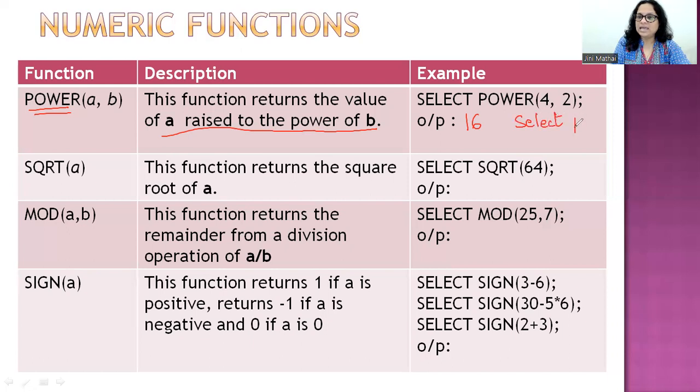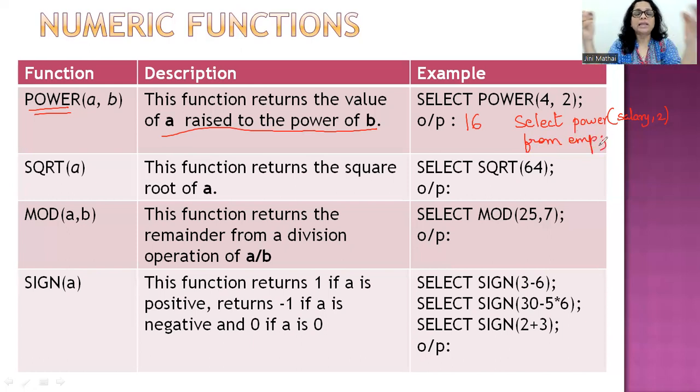I would write select power(salary, 2). But I can't stop here, because salary is not a direct numeric value. It's a column name. So in that scenario, I would have to write from EMP.